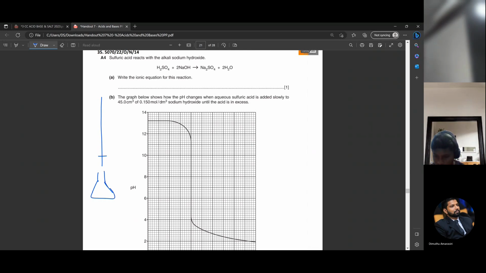For example, a graph below shows how the pH changes when aqueous sulfuric acid is added slowly from the burette to sodium hydroxide. That means sodium hydroxide is in the conical flask, so you are measuring the pH of sodium hydroxide. So no wonder you start at 13.